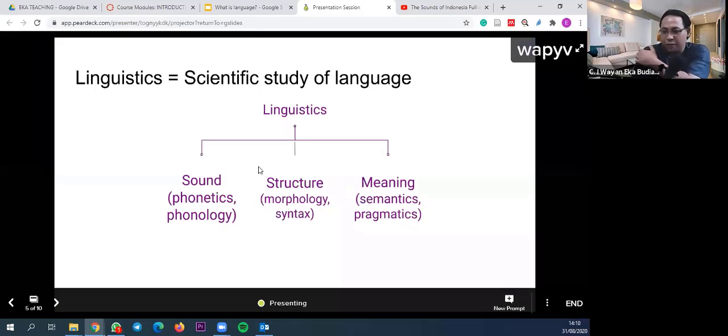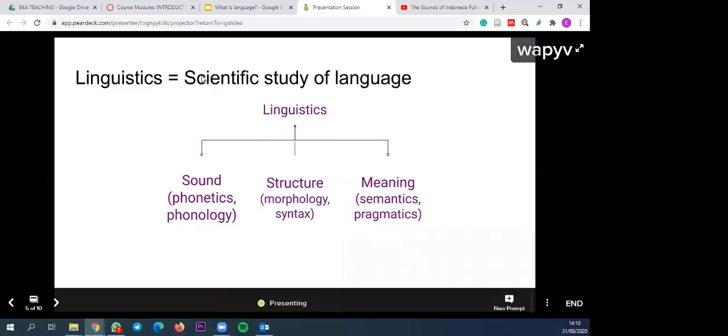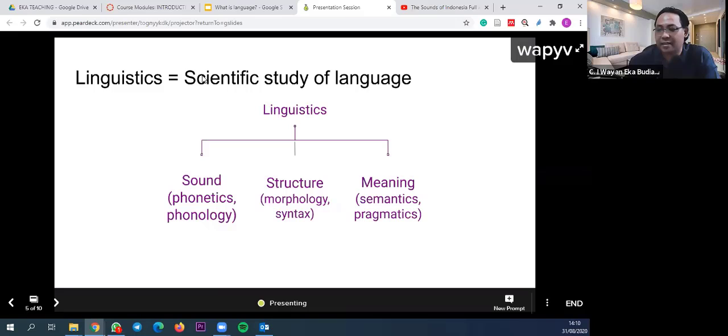Now, a little bit before we finish, we would like to talk about linguistics. To some extent, we can say that linguistics is the scientific study of language. We study language in a scientific way. There are at least three main big issues we can cover.